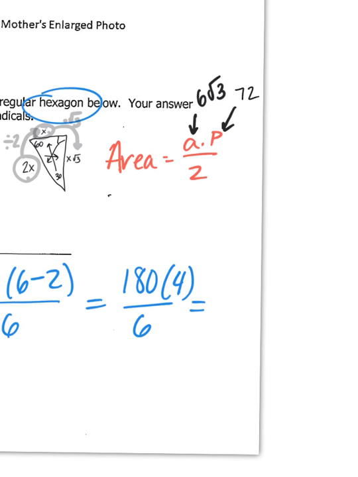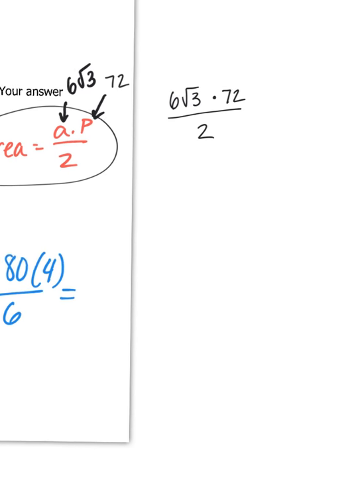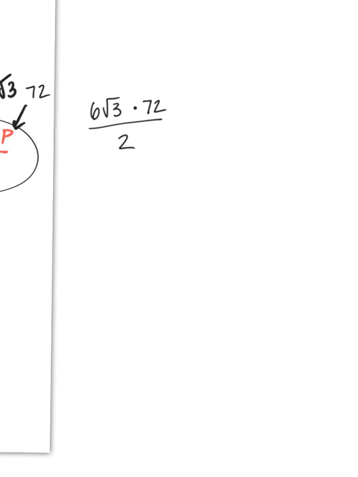Now we are ready to compute the area. The area is going to be the apothem, which is 6 root 3, times the perimeter, which is 72, divided by 2. To simplify this problem, we can go ahead and multiply. Remember to multiply only like terms. 6 and 72 are plain old numbers, so we can multiply those together to get 432 root 3 on the top.